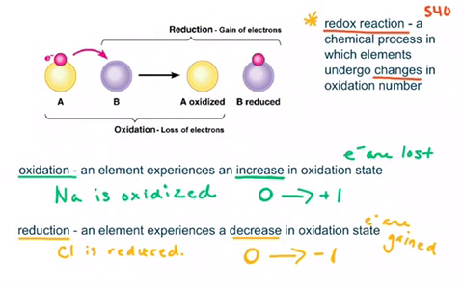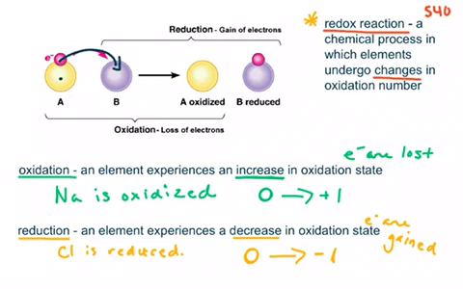So here's kind of a graphic to help illustrate how these processes work together in a redox reaction. So here, if you'll notice, element A is losing electrons, okay? But those electrons are being transferred to compound B. So what we would say is that compound A, since it's losing electrons, that means its oxidation state will be increasing, in other words, becoming more positive.